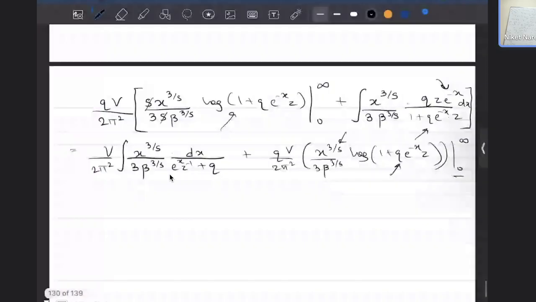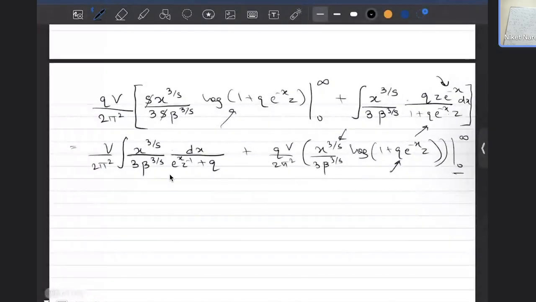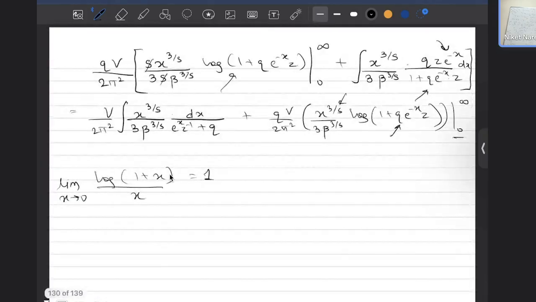Okay, so what happens here is I just have to evaluate x equal to infinity. This is what I want to check. So we know that log of 1 plus x divided by x, limit x tends to 0, is equal to 1, right? So just to do that, what I'll do is multiply and divide this term by q e power minus x into z.